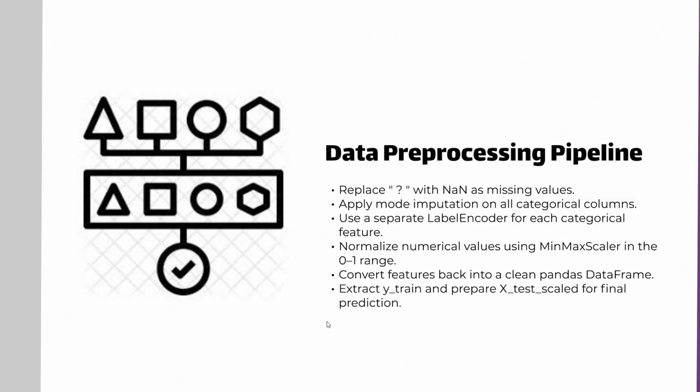Next, we applied label encoding to convert all categorical values into numerical form. Unlike one hot encoding, label encoding produces a single integer for each category, which is more suitable for GP because it keeps dimensionality low. To ensure consistency across numerical features, we scaled values using MinMaxScaler, transforming every value into the range of 0 to 1.